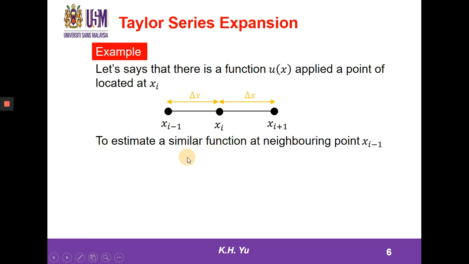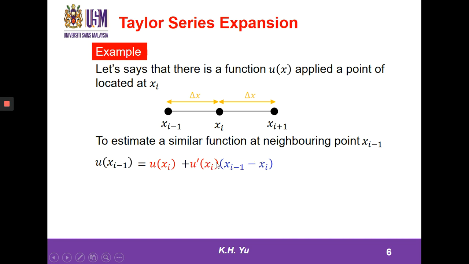So we try another one to estimate a similar function at the neighboring point xi minus 1. So xi minus 1 is here. The function u at xi minus 1 is equal to u at xi. This one is the first term, and this one is your second term.